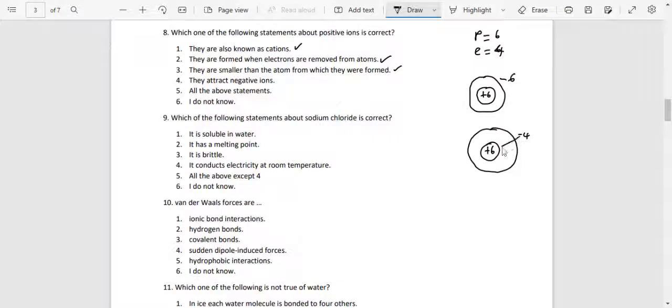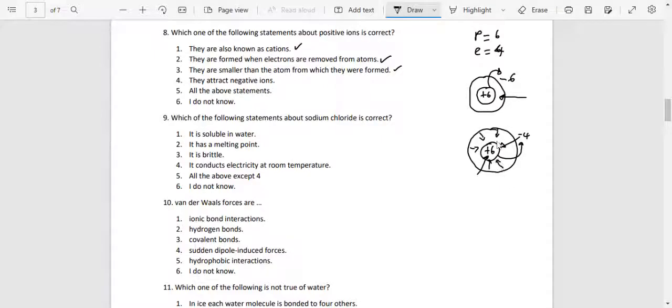So what you are going to see is there is an attraction between positive and negative things. These electrons are going to be more attracted, because what is attracting the electrons is more than what was attracting them before. Think of it like 6 people pulling 6 people. The force is not going to be as great as 6 people pulling 4 people. Because of this, the shell is going to be pulled more inside.